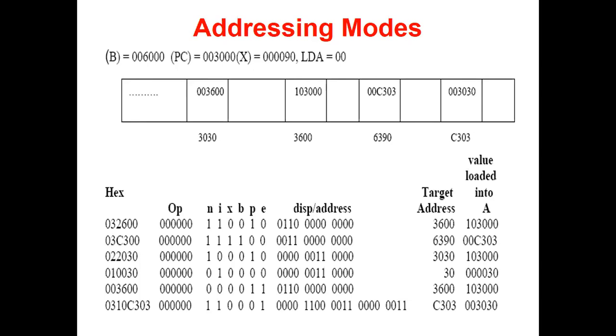So we just want to confirm that you know how to get those values which have been shown there. Okay. Then do you understand why what is loaded into the accumulator is 10300? Ellie?